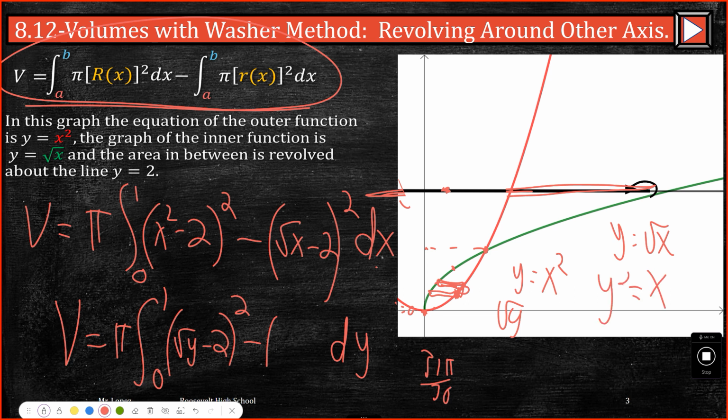You see how this whole thing works out just the same. So this is going to be y squared minus... And then let's see if that's the answer. Let's see if we get the same answer. It should be the same answer. I hope.